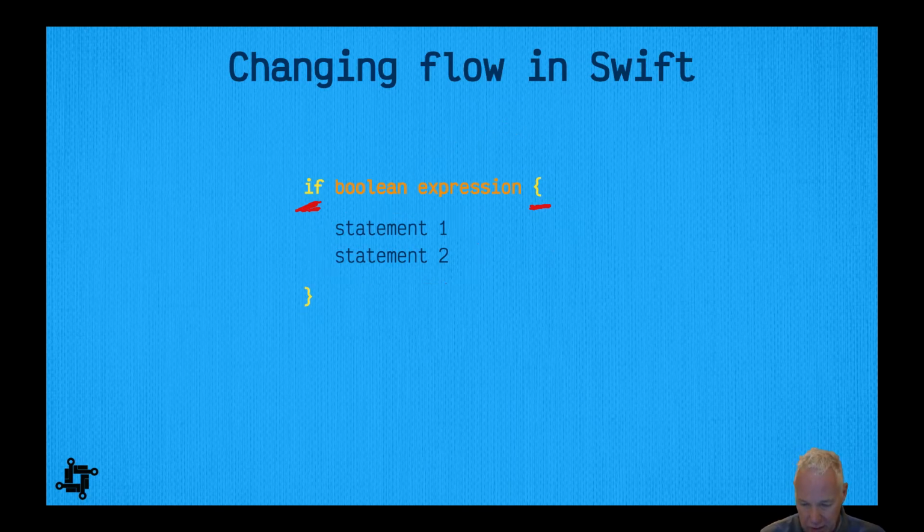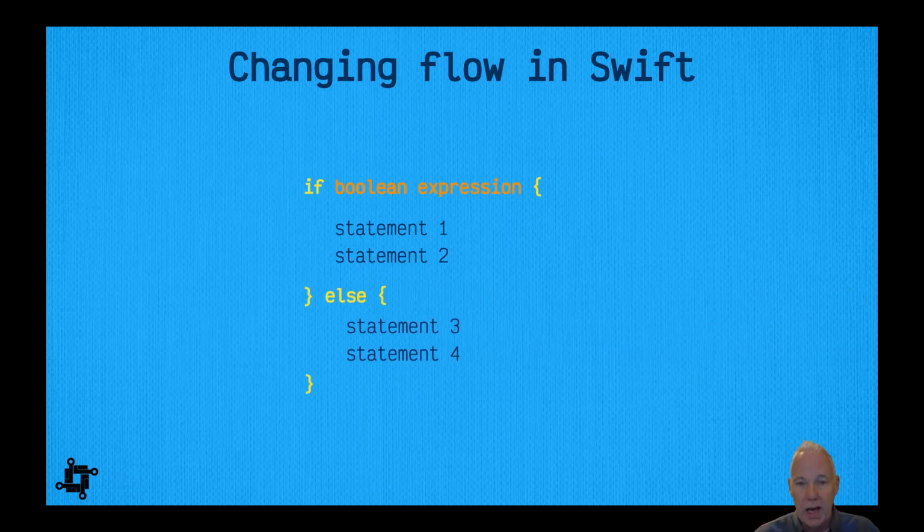Now, we can also look at the alternative path, which is to say, what if it isn't true? If this Boolean expression turned out to be false, we might have some other things that we want to do instead. And we can do that with the else. By adding else at the end of this bracket, and then more open and closed brackets, we can add other statements here.